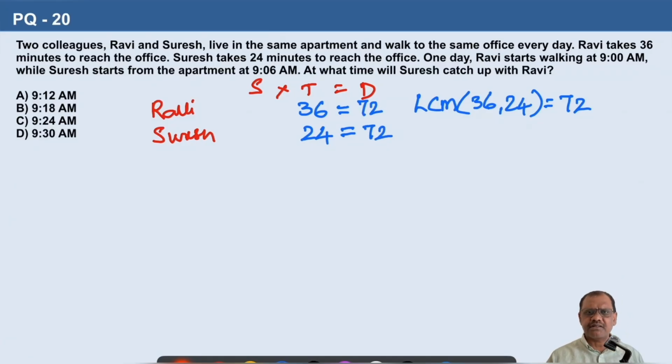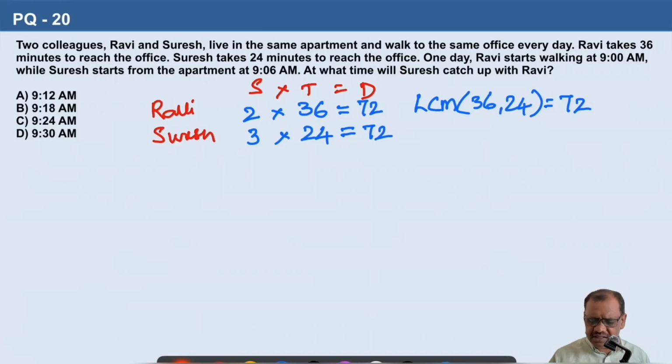That can be meters or kilometers. 72 units. The speed of Ravi is 72 divided by 36, which is 2 units per minute. And Suresh's speed is 72 by 24, which is 3 units per minute. So these are the speeds of Ravi and Suresh.